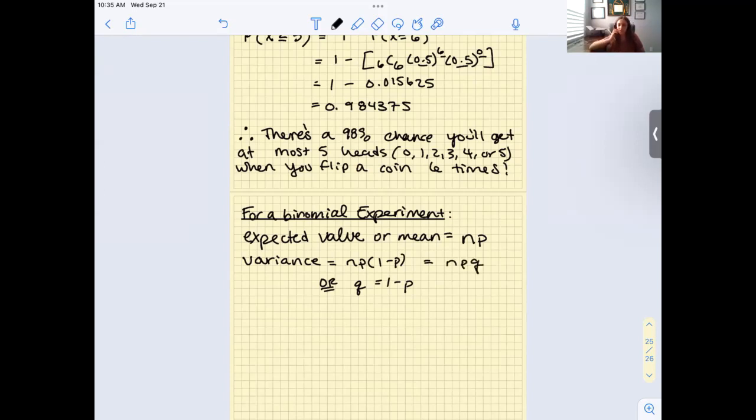Sometimes it's just easier for me, NPQ. So P is probability of success, Q probability of failure, right? Because it's everything else, NPQ. So then if you wanted the standard deviation, it would be the square root of NPQ, of course, because you're just taking the square root of the variance.